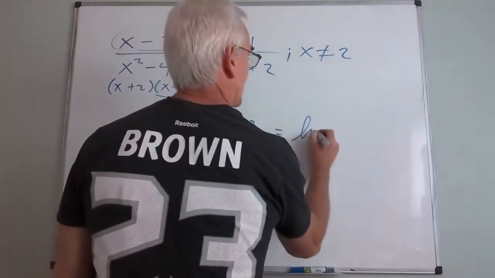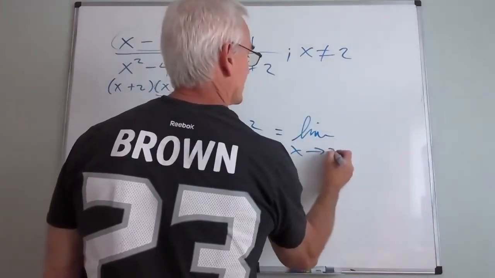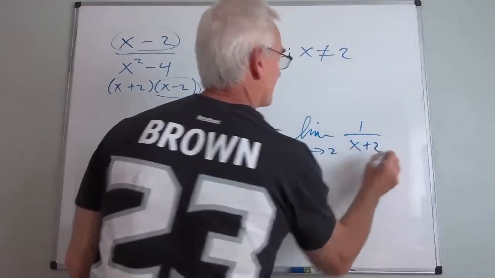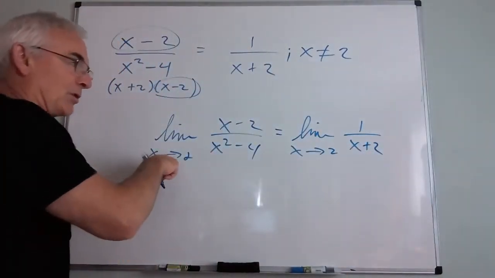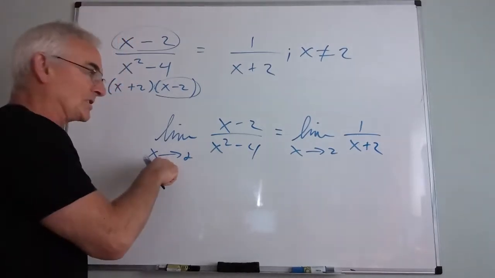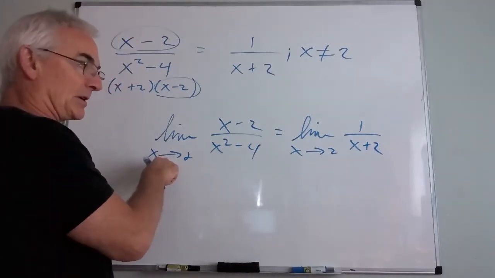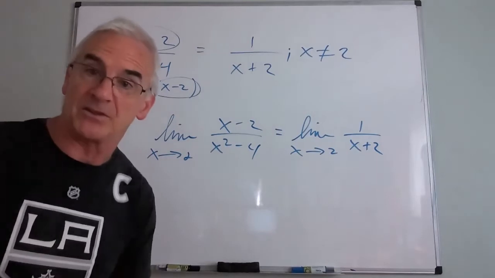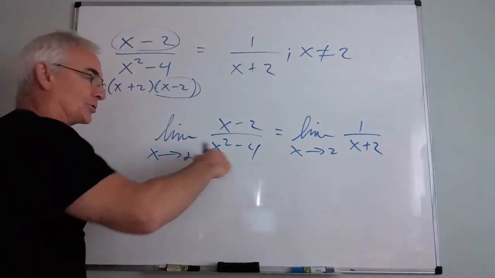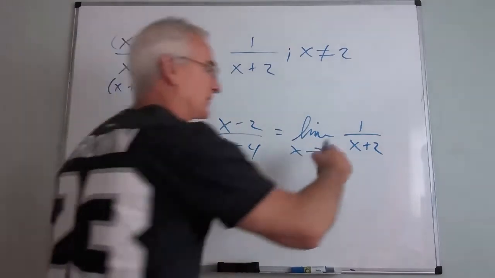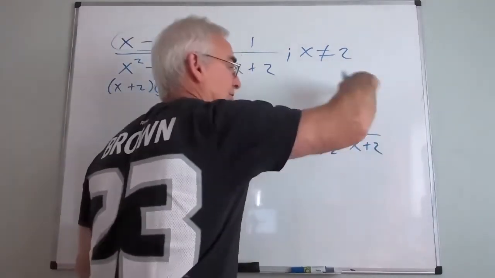But I can say that this equals this because I factored and canceled. Now remember, this means x approaches, never reaches. So 2 is not in the domain. I'm never going to evaluate this at 2 because 2 isn't even in the domain. Oh, but the limit says as x gets closer and closer to 2 here, it's the same as x gets closer and closer to 2 here.